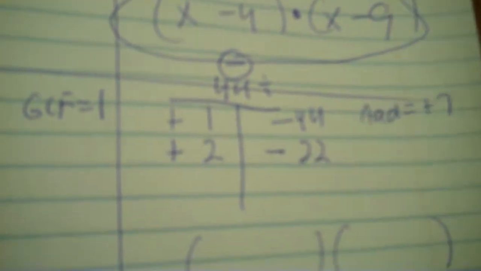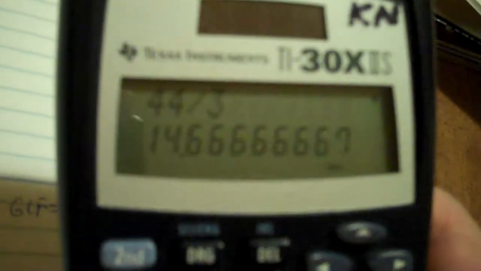Okay. Positive, negative. Divide by 2. 2 and 22. 2 plus negative 22. I'm relatively sure that's not 7. Okay. Cross them out if they don't work. Okay, then we'll put positive, negative. Divide 44 by 3. That is not even a factor because it's not divisible, so you clear it.